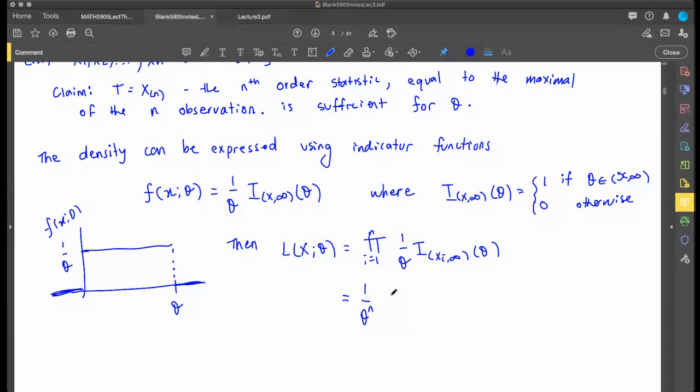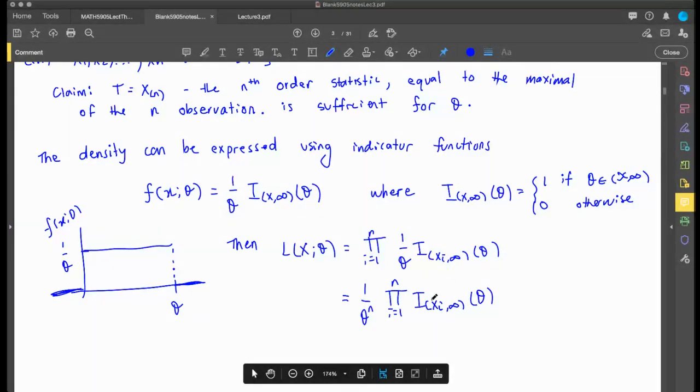Now, the second term, I'm going to write it like this first. It's the product from i equals 1 to n of the indicator of xi to infinity of theta. So this expression here only takes the value 1 if theta is bigger than xi.